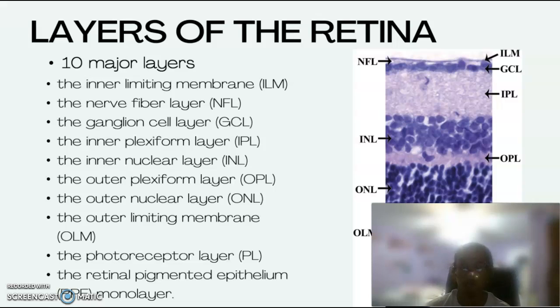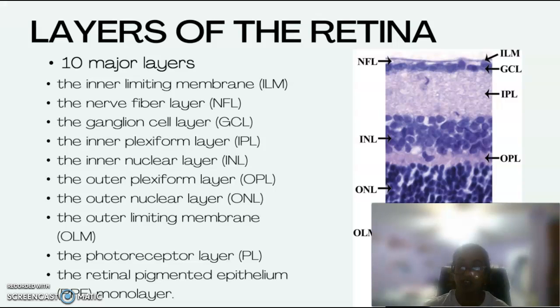And so to begin with, the first layer, the inner limiting membrane, is formed by the conical end feet of the Mueller cells and astrocytes. The second layer, the nerve fiber layer, consists of axons, ganglion cells, retinal vessels, and glial cells.